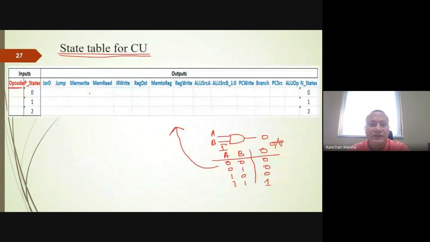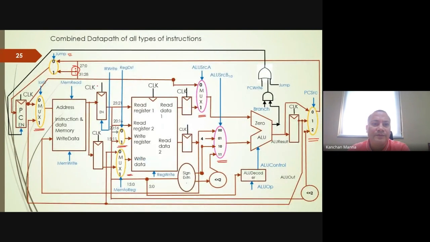Now if you see the data path here, if we want to bring the PC's content into the address field, then we have to make this IorD as 0, and then we have to make this IRWrite as 1 and also this MemRead as 1. And then we load this value. Now we want to perform PC plus 4, and for PC plus 4, PC would come via this path.